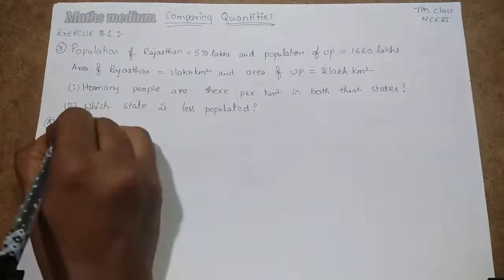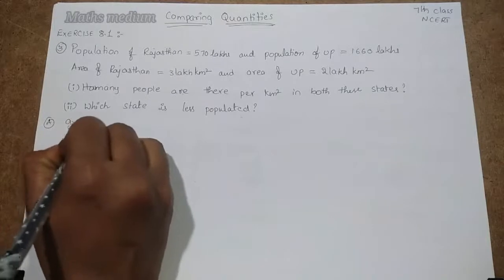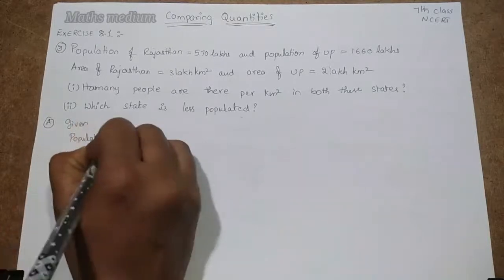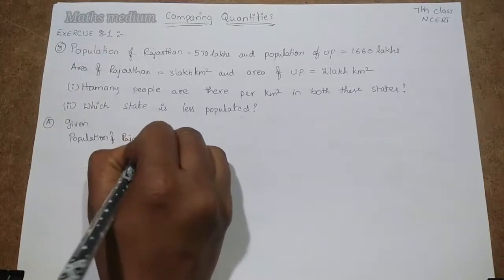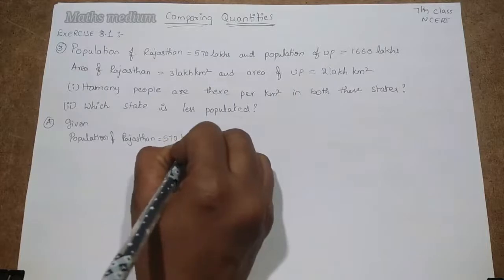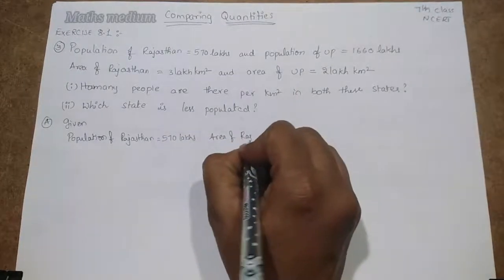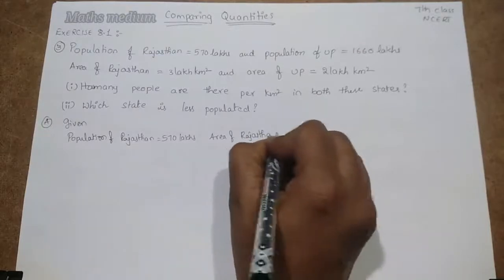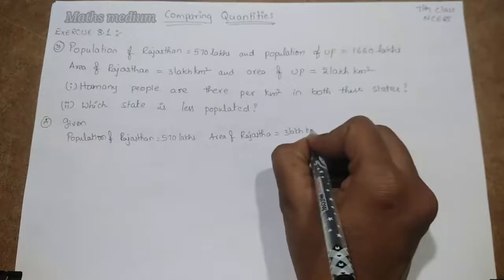Population of Rajasthan, given, 570 lakhs. Here area of Rajasthan is 3 lakh kilometer square.